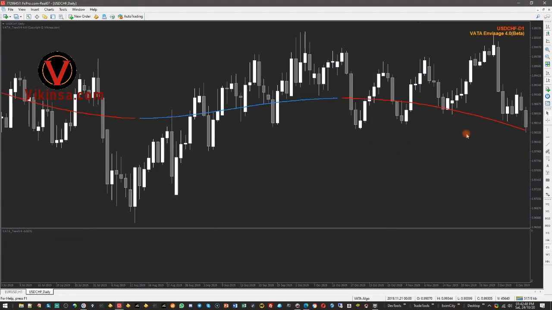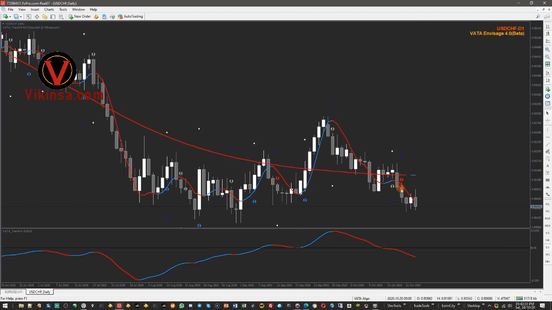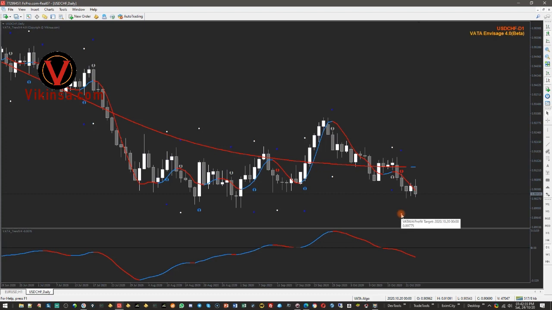If I go to the daily time frame, so far the market has been falling based on this, and it can come down to near about the 0.89775 level, because the market is bearish on weekly and daily as well, so there are more chances of it falling down, and so far it has been.